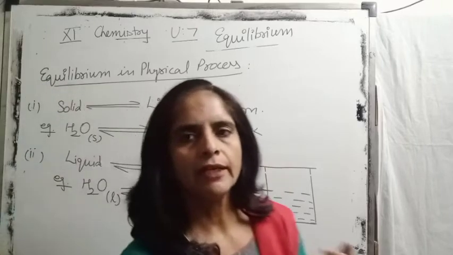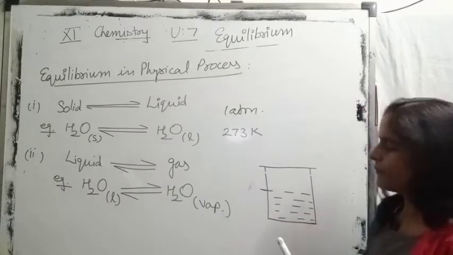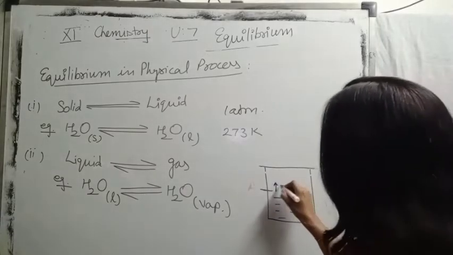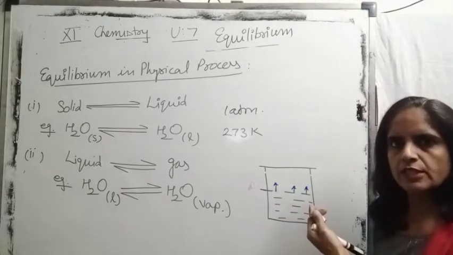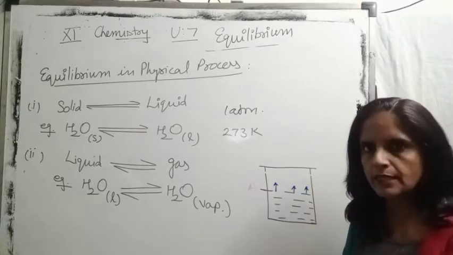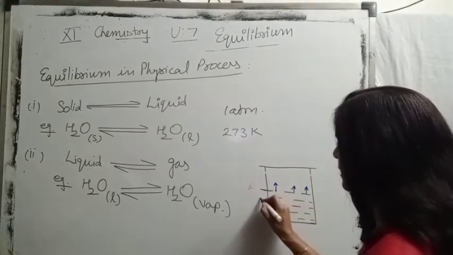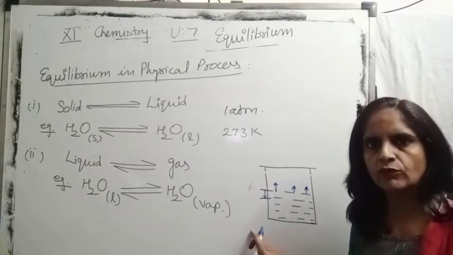Initially you observe that when the vaporization process starts, due to evaporation, the water molecules start converting into vapors. So due to this vaporization, initially the level of water slowly starts decreasing. But after some time you will observe, suppose this is the final level of water.